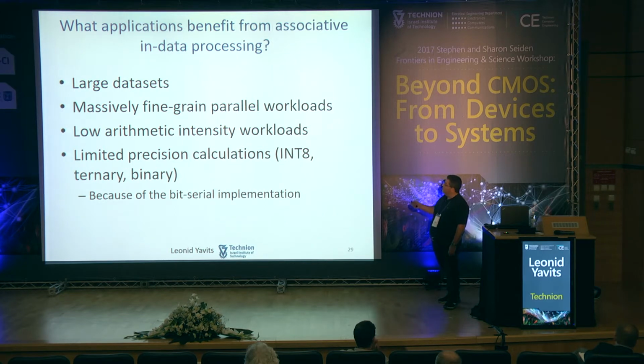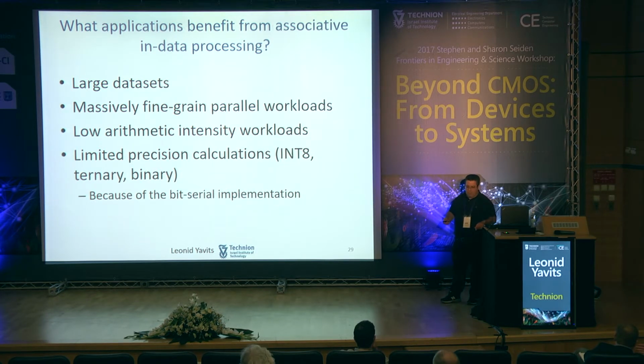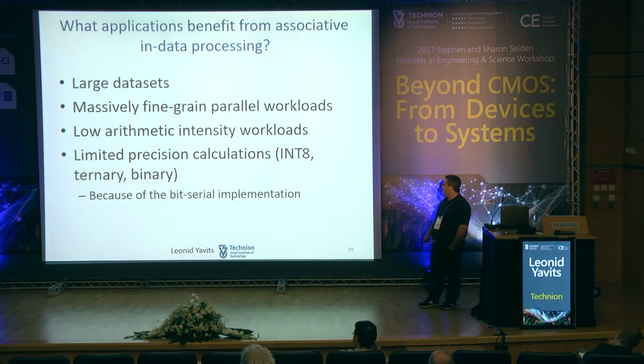And something which is specific to associative in-data processing, limited precision calculations, which are, for example, recently in favor in deep learning, especially in the inference part: int8, or ternary or even binary calculations.